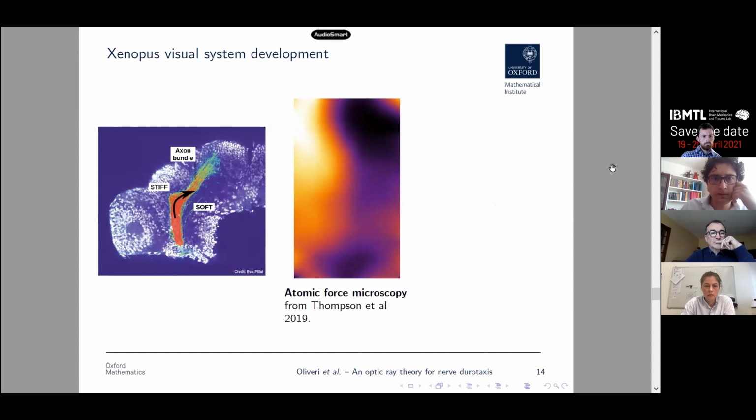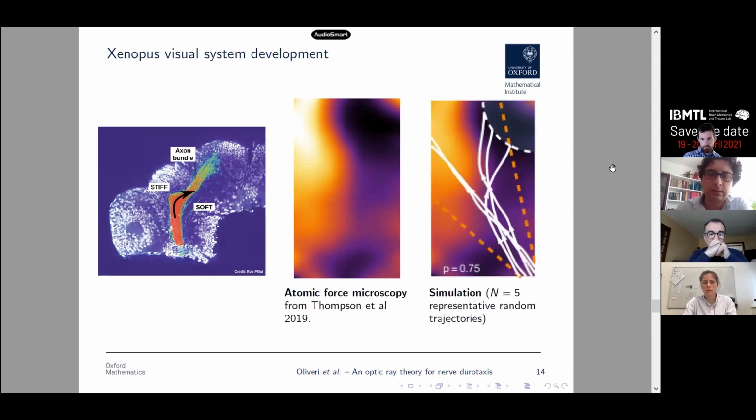And the last thing we did, going back to the example of the Xenopus visual system, is try the system on the stiffness map obtained by atomic force microscopy, which we extracted from the paper by Thompson et al. in 2019. By using this map, we could simulate our model very easily, adding some noise on the trajectory and the initial position.